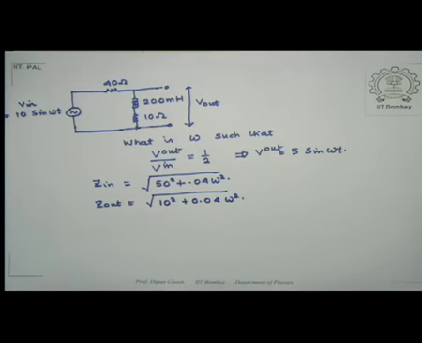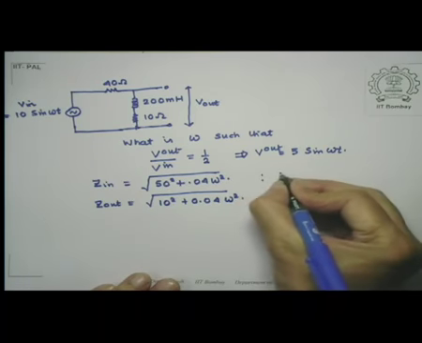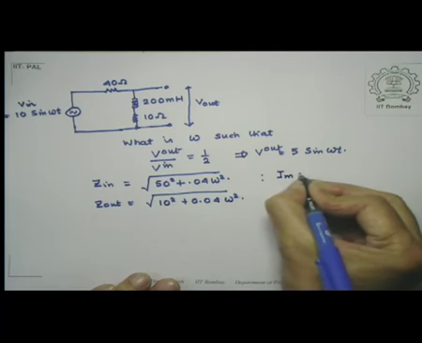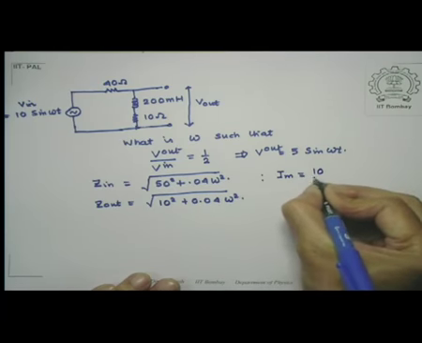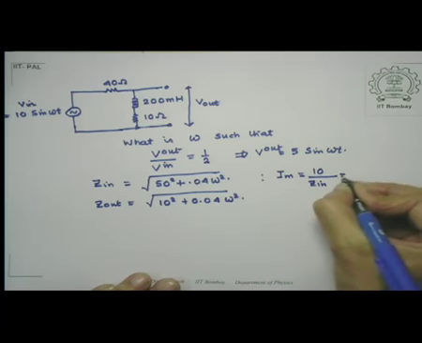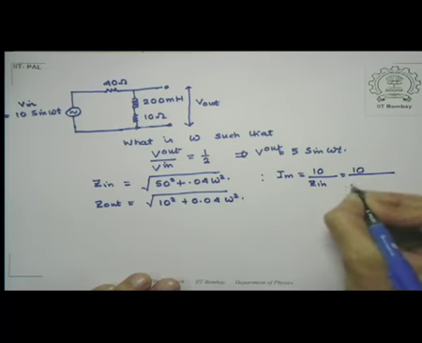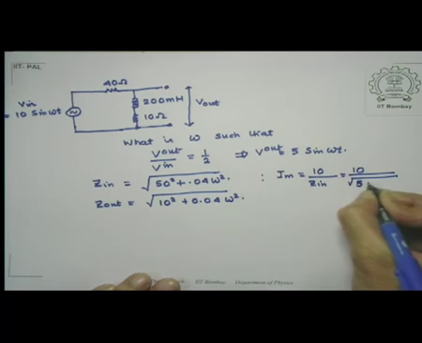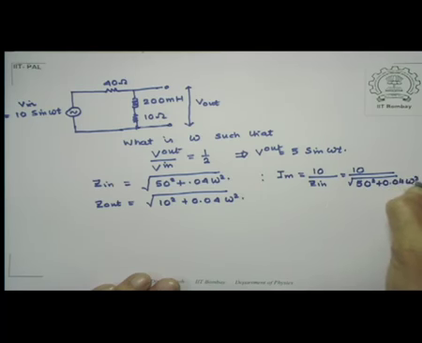So my maximum current in the circuit, which is determined by Z in, is Im, which is 10 divided by Z in, which is 10 divided by the square root of 50 squared plus 0.04 omega squared.